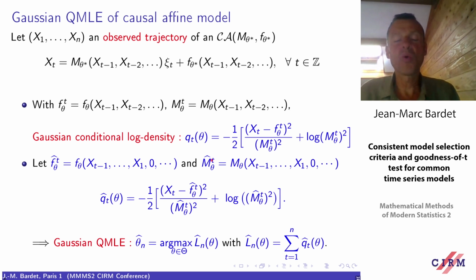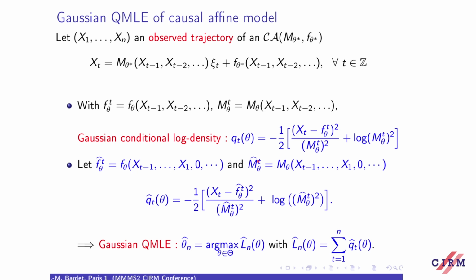The way to use this Gaussian conditional log density is to replace the non-observed values X_0, X_{-1}, and others by 0.